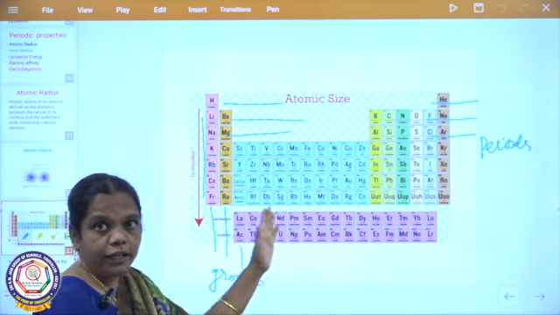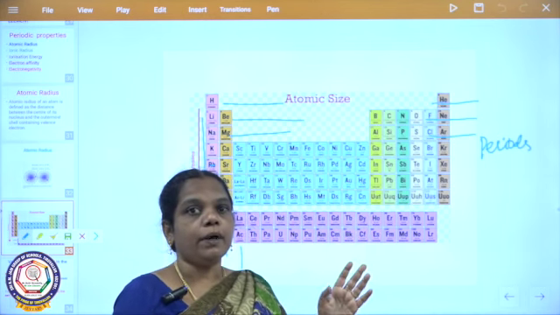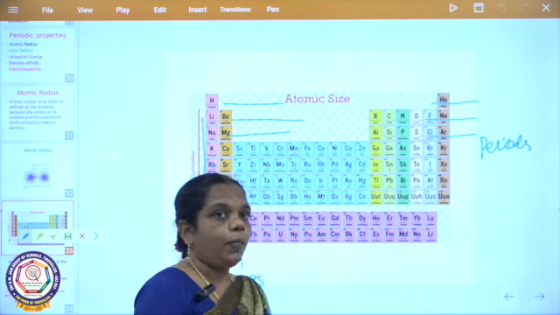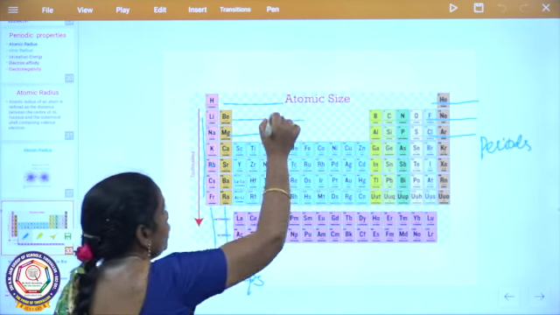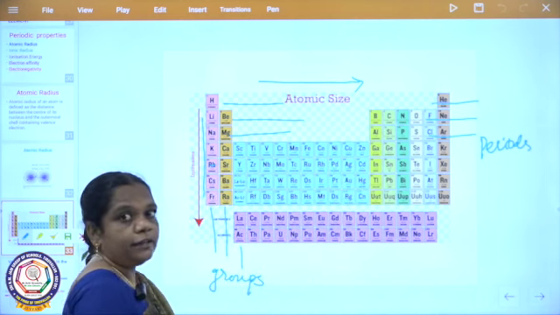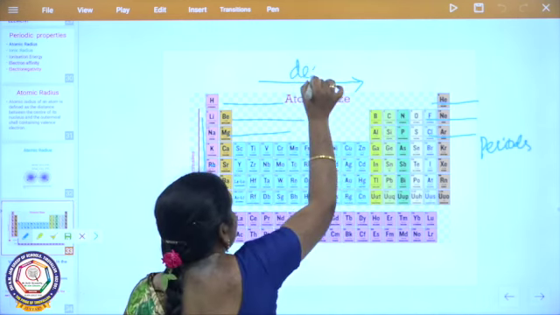In both ways, the atoms are arranged in increasing order of atomic number, but there is a variation in the size of an atom. Along the period, the atomic radius, the size of an atom, decreases.